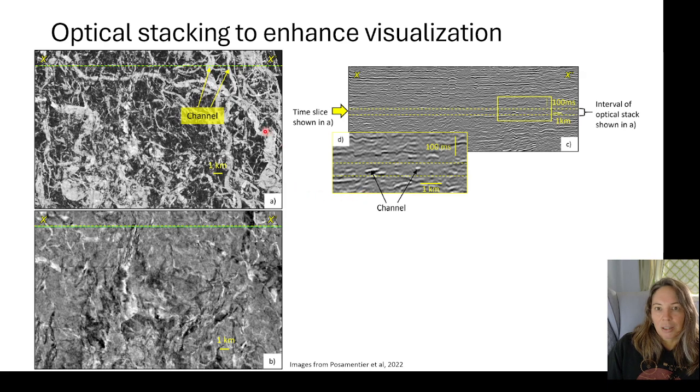Up here in A, we've got the optical stack, so you can see all these intertwined fluvial channels in the system, as compared to B right here, where we've got just the time slice. In both of them, we could tell there's a lot going on, but we get a better sense of the fluvial channel system when we've done that optical stack.